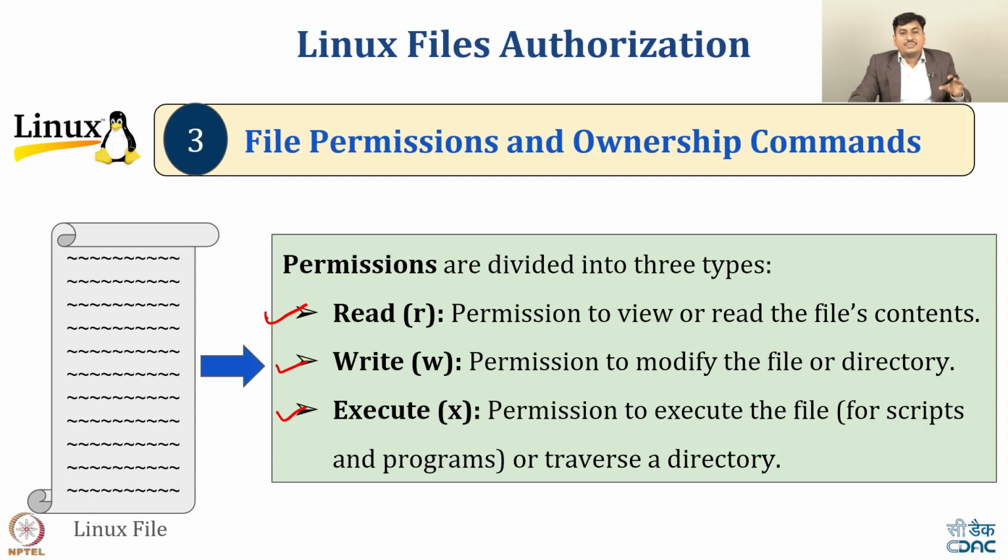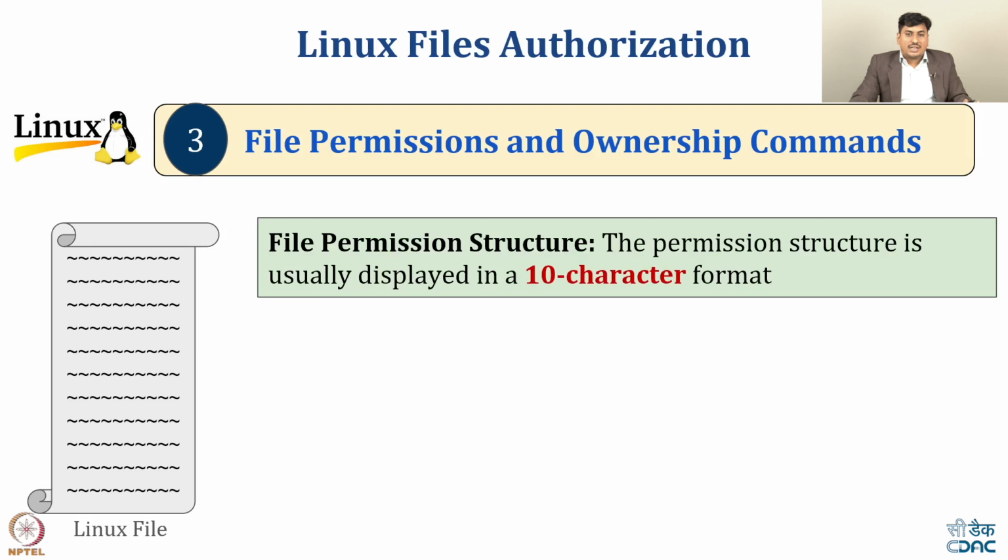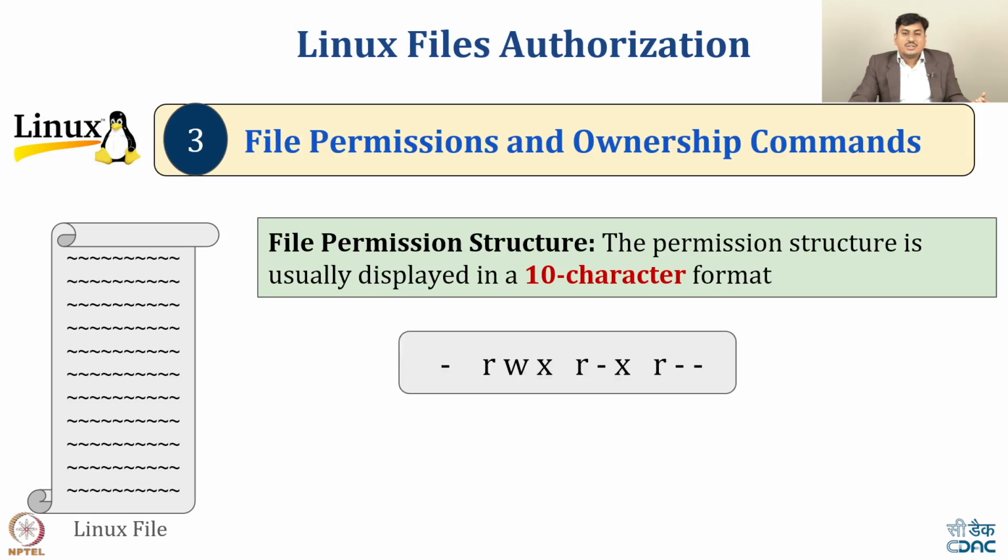So these are different types of permissions in the Linux operating system, right. Generally, whenever any file is created, this permission structure is displayed in a 10-character format that we have already seen, but once again let's try to see that.